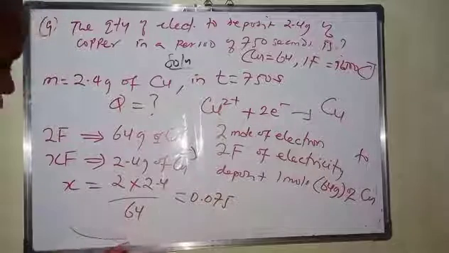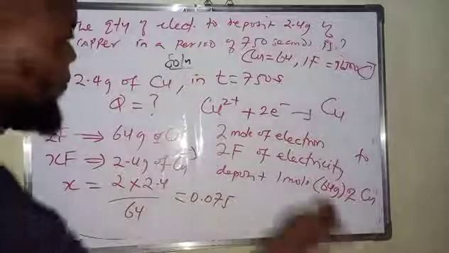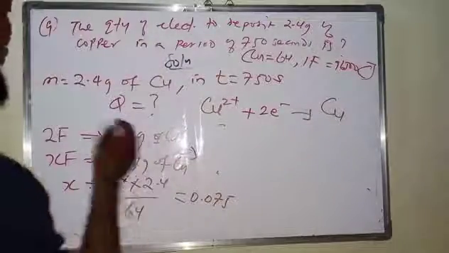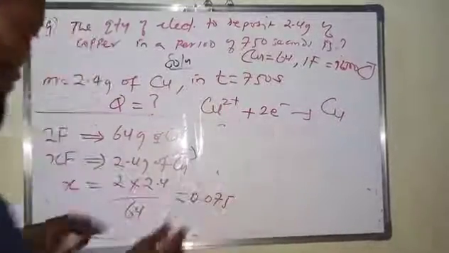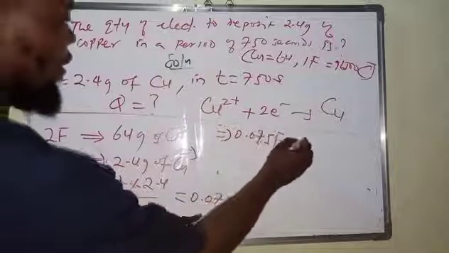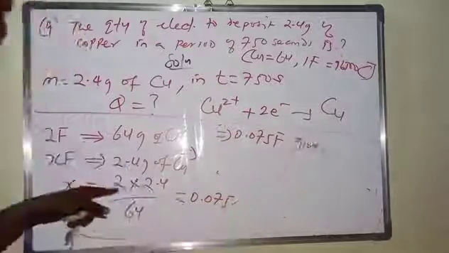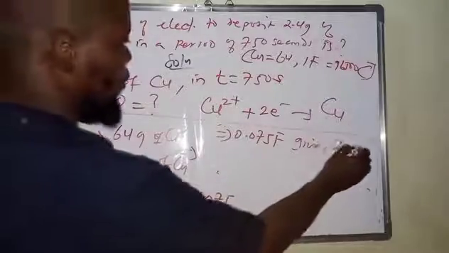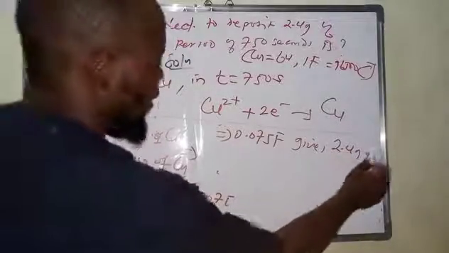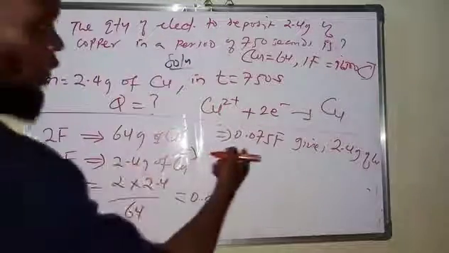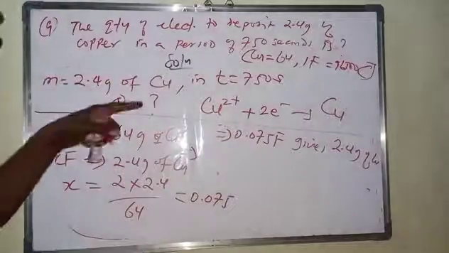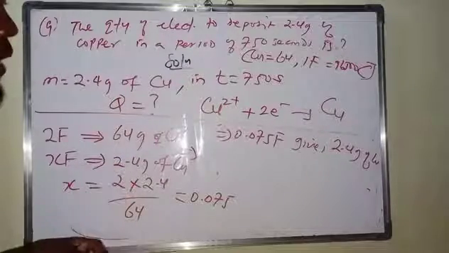So what does this mean? This implies that 0.075 Faraday is the quantity of electricity that gives 2.4 gram of copper. Now we need to convert, because the quantity of electricity Q should be expressed in coulomb rather than Faraday.